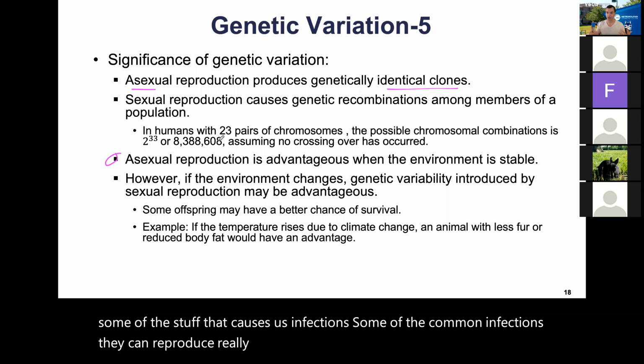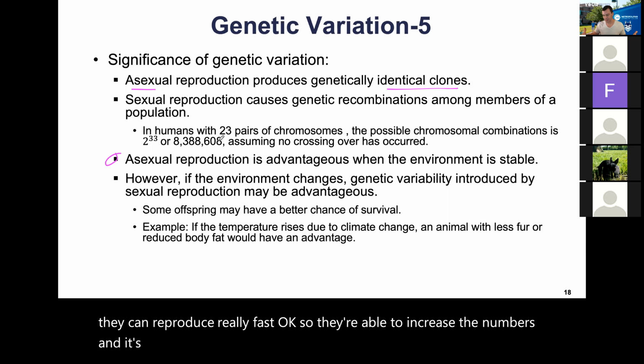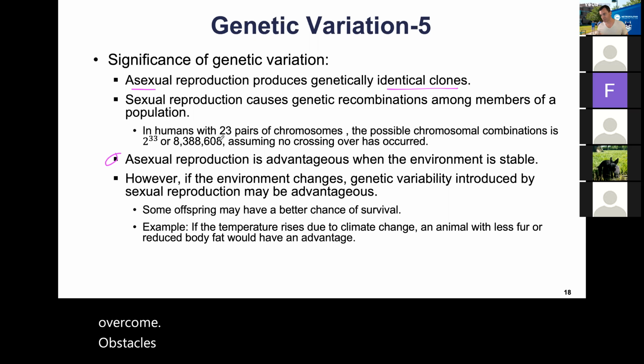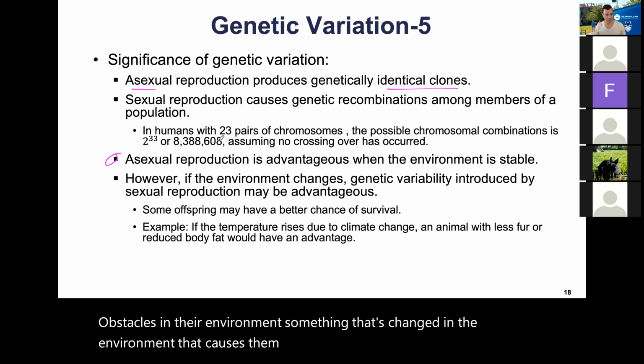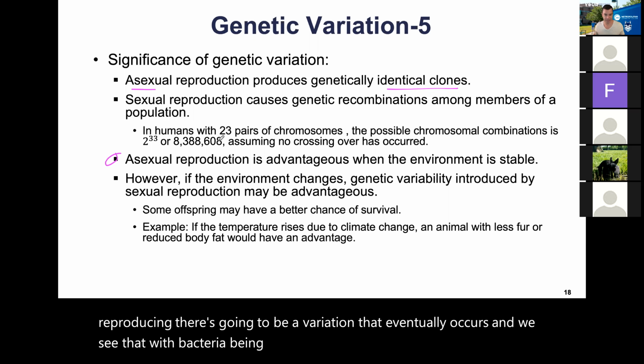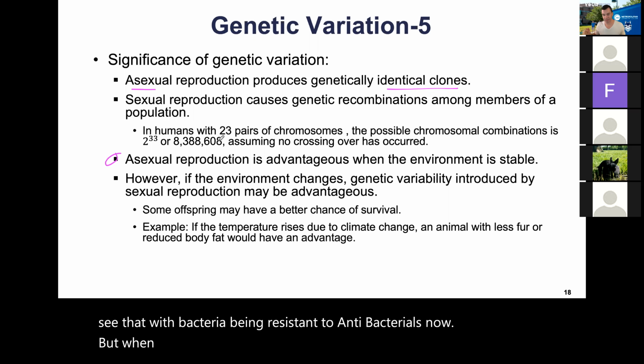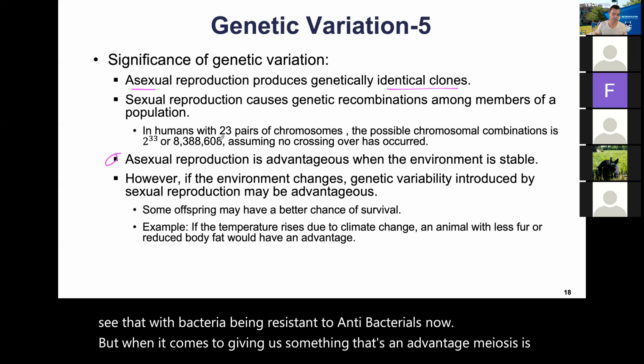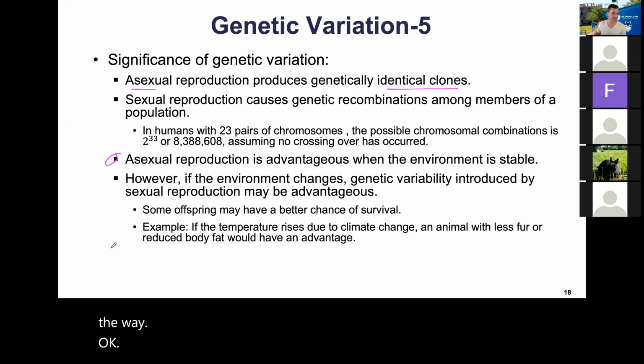So they're able to increase the numbers, and it's that huge amount of numbers that allows them to overcome obstacles in their environment, something that's changed in the environment that causes them to die off a little bit faster. Well, if they keep reproducing, there's going to be a variation that eventually occurs. And we see that with bacteria being resistant to antibacterials now. But when it comes to giving us something that's an advantage, meiosis is the way.